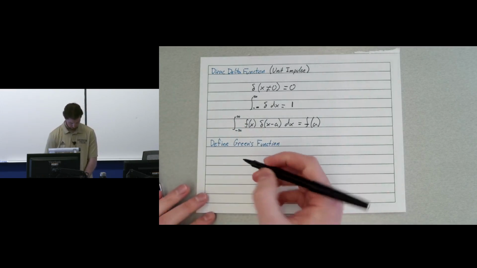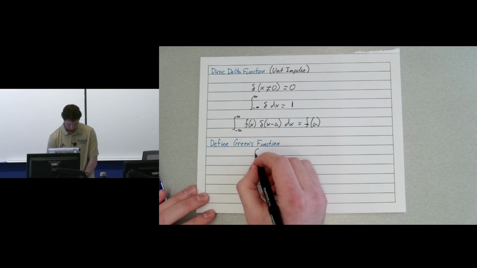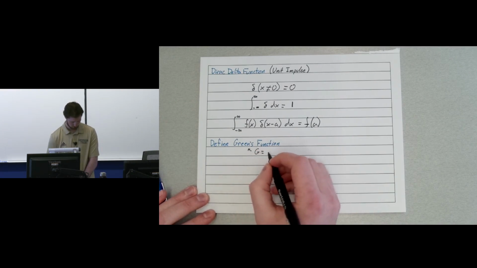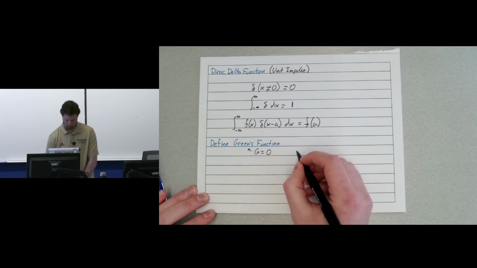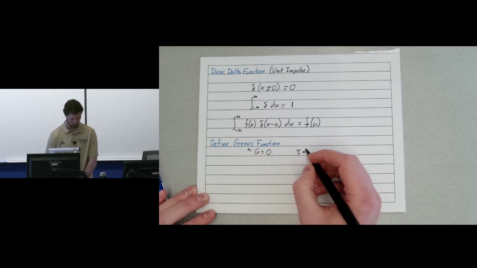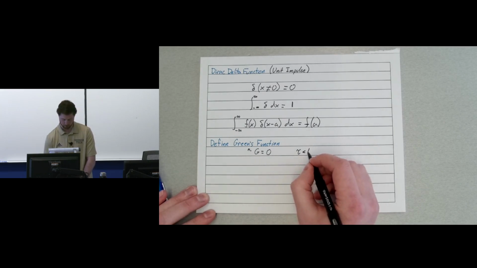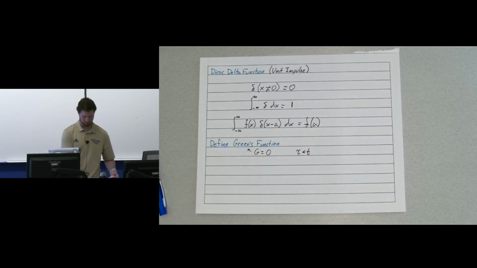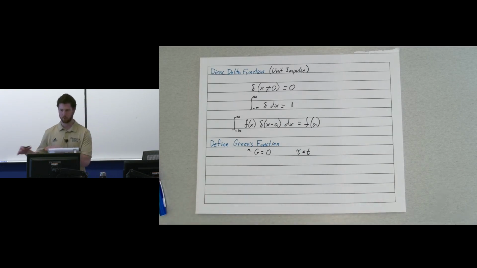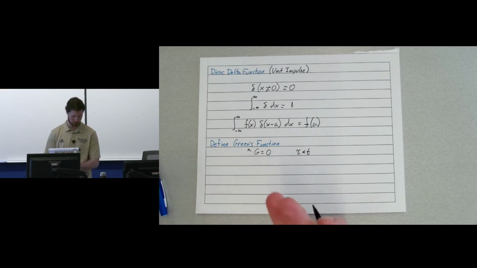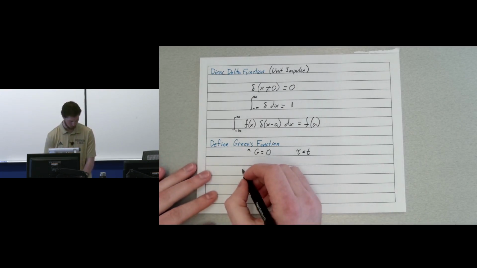So g, our Green's function, is going to equal 0 for any tau, which will be some arbitrary time, less than t. And so this tau right here is representing what we're moving through in the system, and we're going to see that as an impulse.